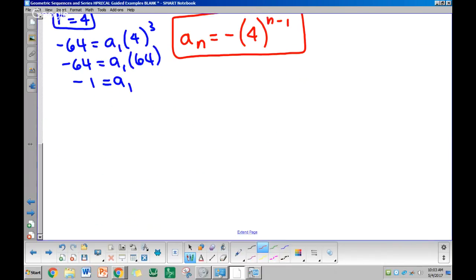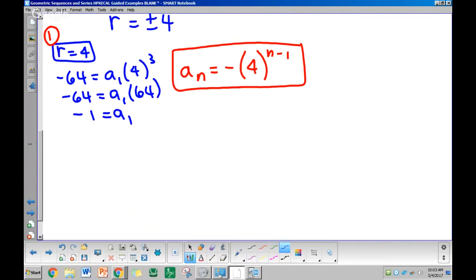Let's check out the second possibility. That's going to be with r equals negative 4. So we have to figure out what a sub 1 would be for that sequence. So I'm going to say negative 64 equals a sub 1, which I don't know, times negative 4 to the third.